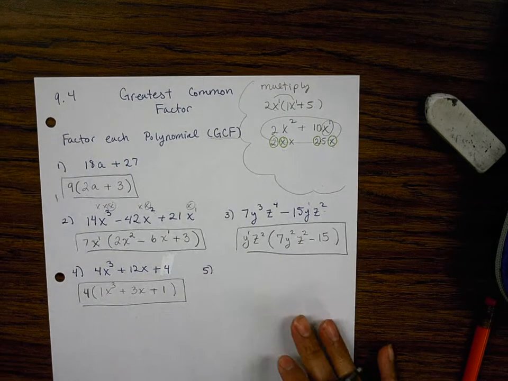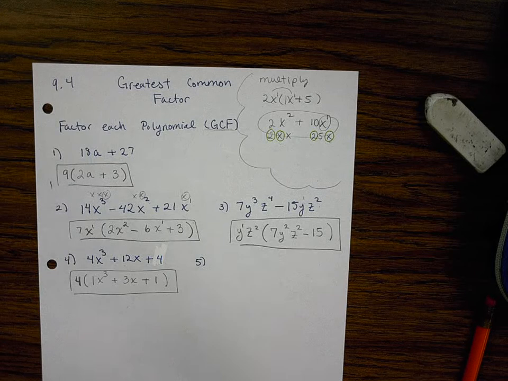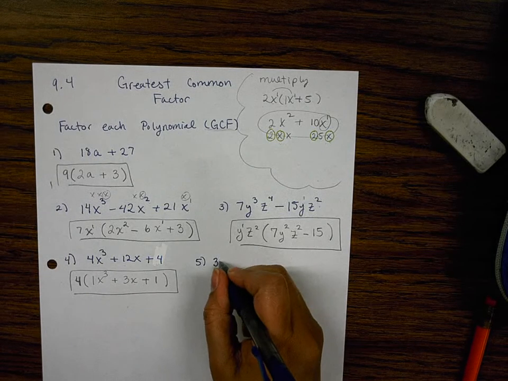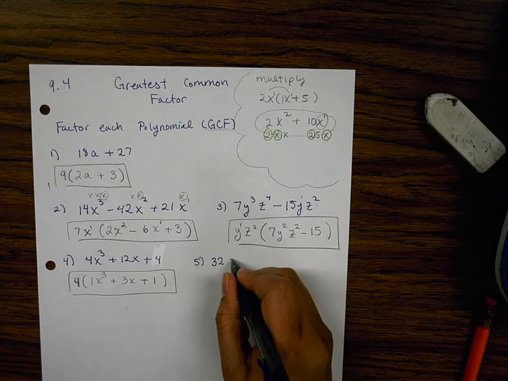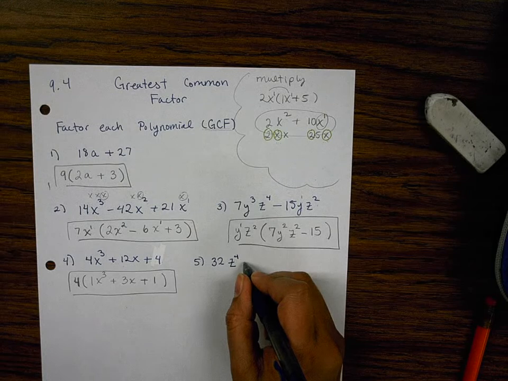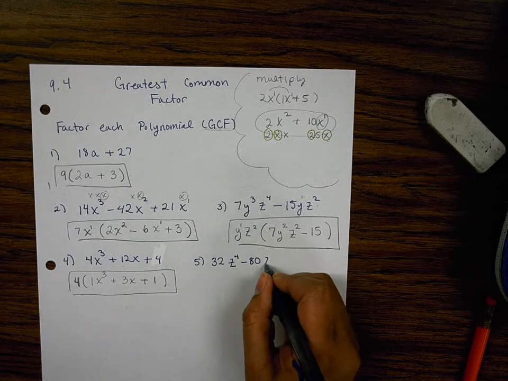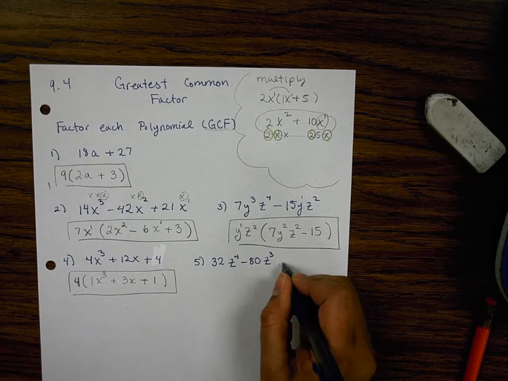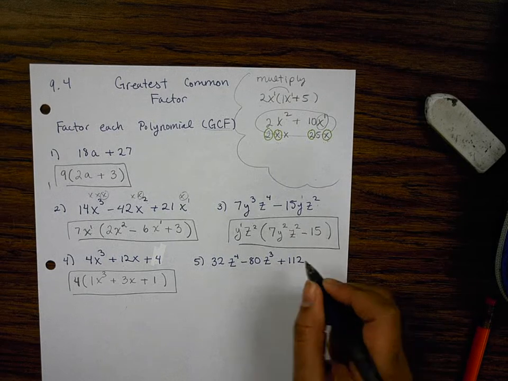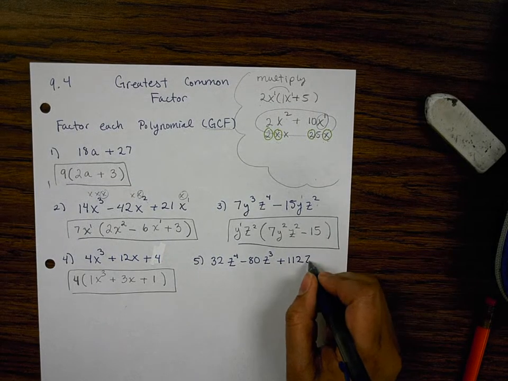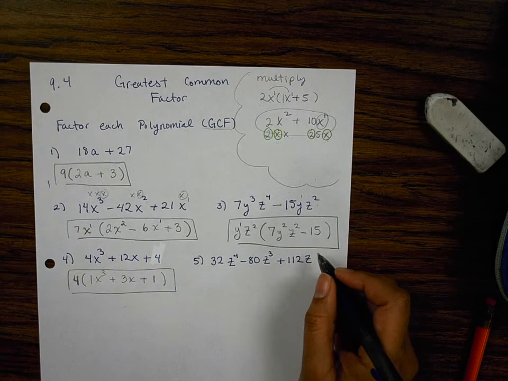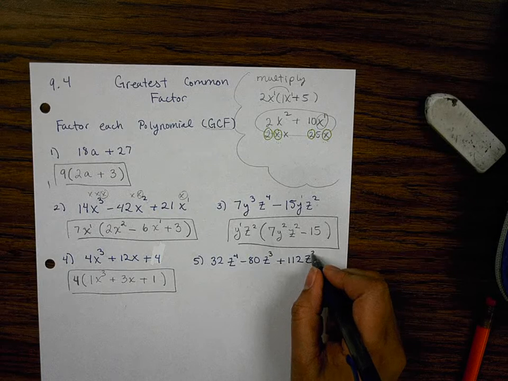All right, number 5. I'm going to give you a bit of a tricky one. And it's not tricky, it's just complicated with the numbers. 32z to the 4th minus 80z to the 3rd plus 112z squared.